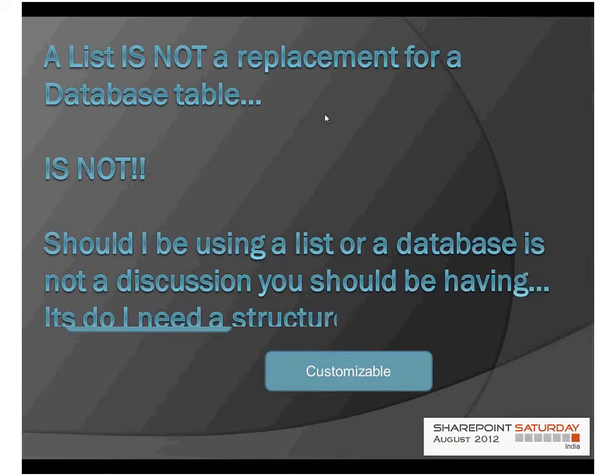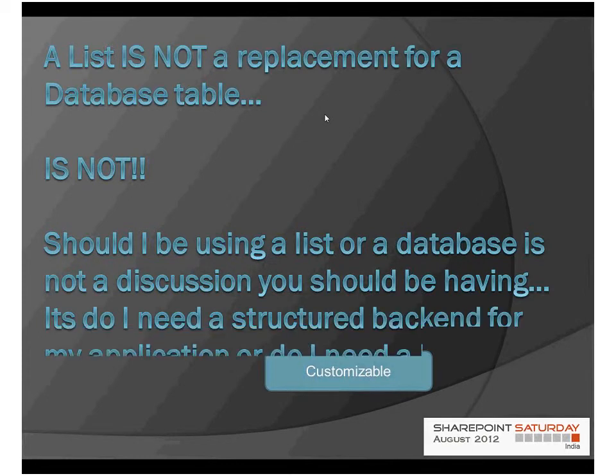My approach to that is not to consider how I'm going to use the data, or what functionality SharePoint allows me on the data, but rather to see what the nature of the data is.